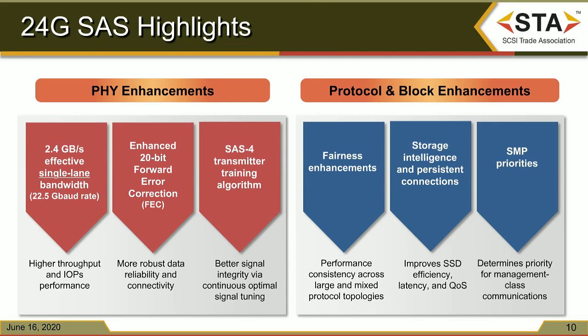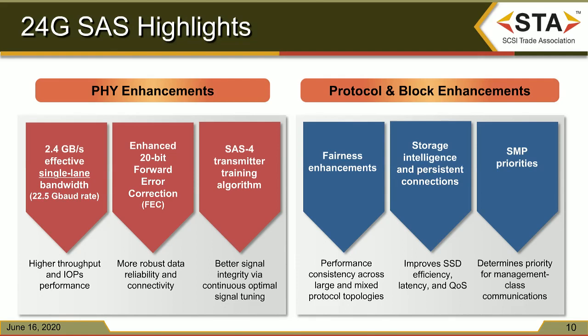So the SAS management protocol, SMP, priorities have been modified as well, again, to help with very large infrastructures. So SAS 24 gig delivers higher IOPS and higher bandwidth than we had in previous generations. And that's really just as technology evolves.